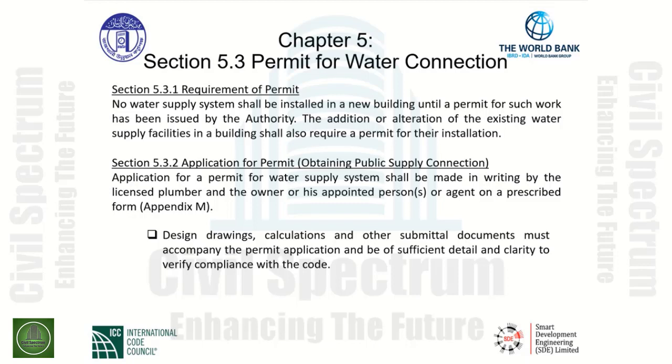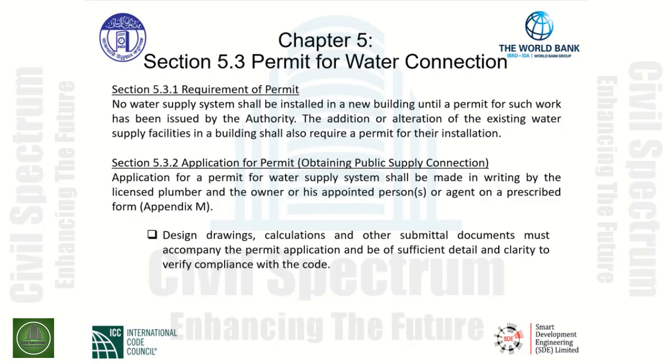So it gives us in that first sentence a directive that no construction of any water supply system shall begin until there is a permit that has been issued by the authority. The addition or alteration of existing water supply facilities in a building shall also require a permit for their installation.